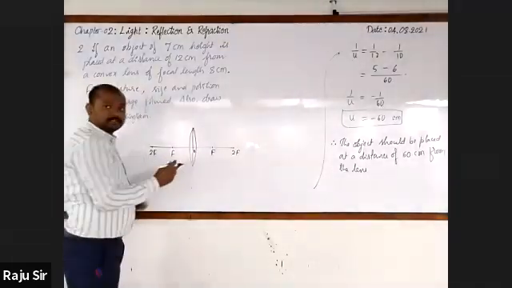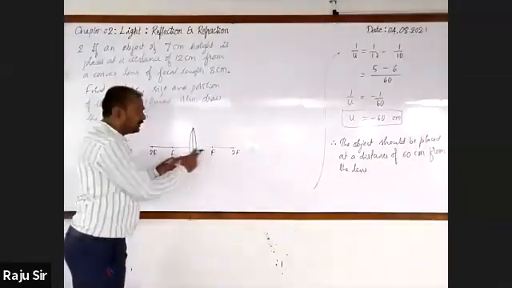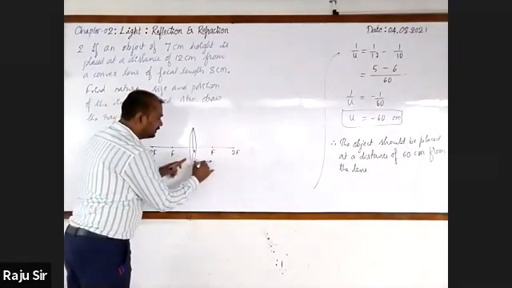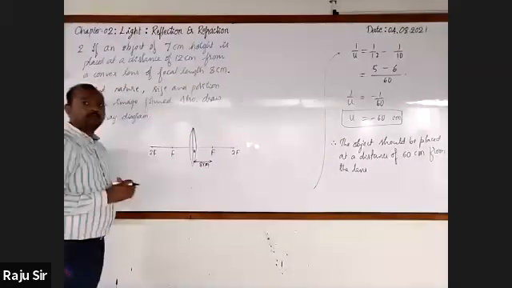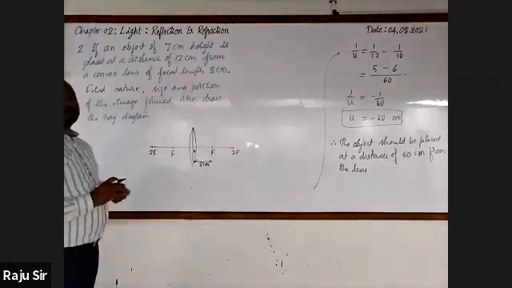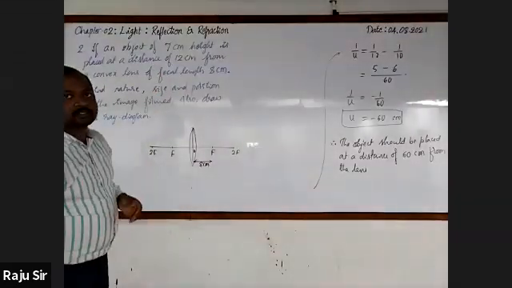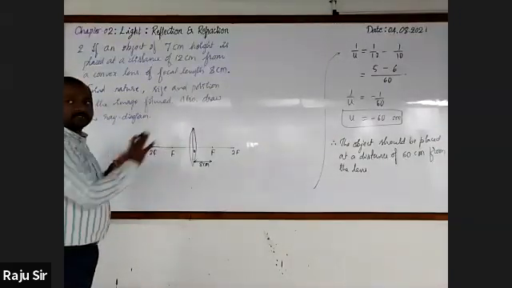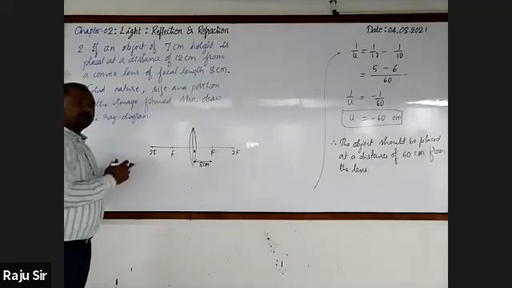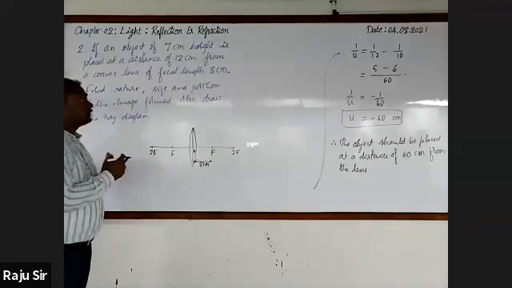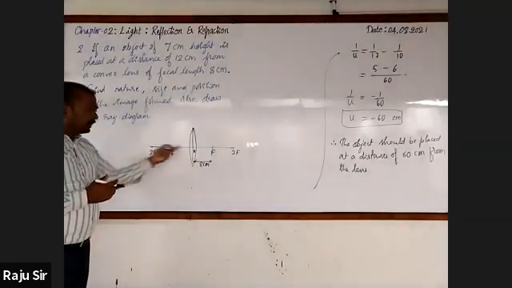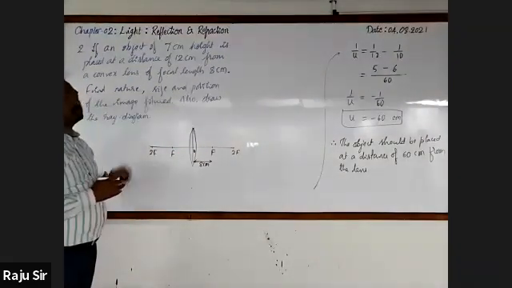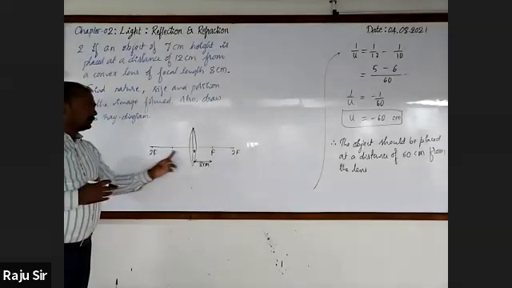Focal length is the distance between optical center and principal focus. This distance is 8 centimeter. At what distance should the object be placed? 12 centimeter. Between F and 2F. On the principal axis, where we have to place the object? Between F and 2F.